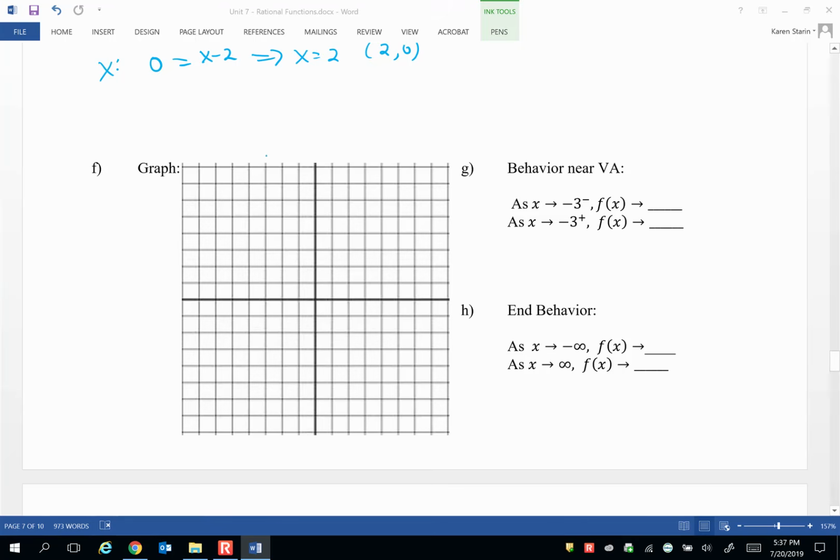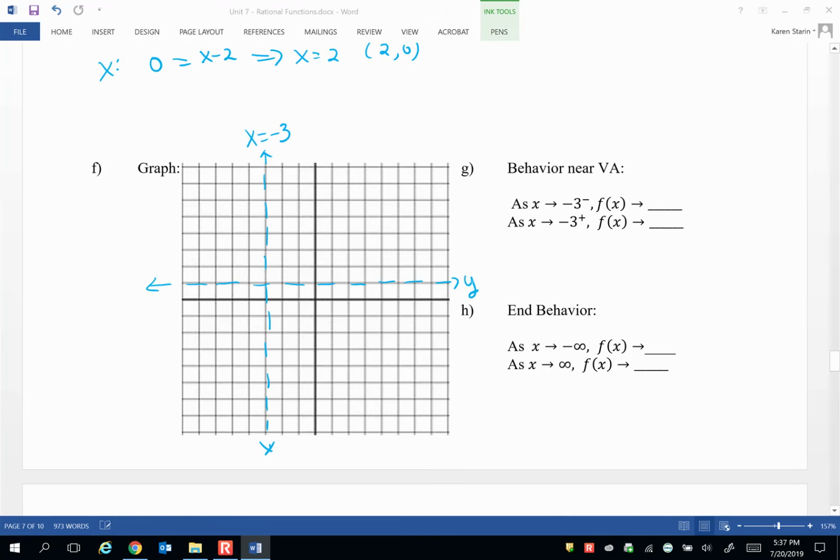At x equals negative 3, I'm going to demonstrate with a dashed line that I have a boundary here, and that the function will never cross that vertical asymptote. We also do a dashed line for the horizontal asymptote of y equals 1.